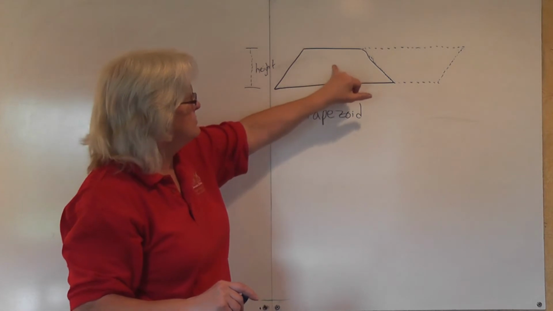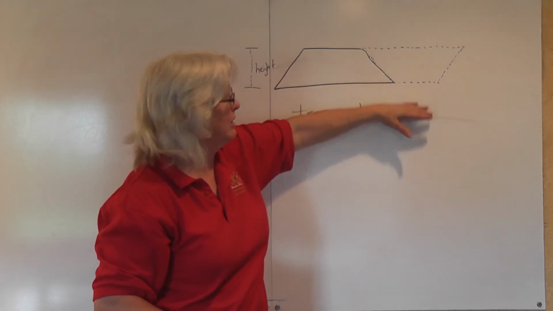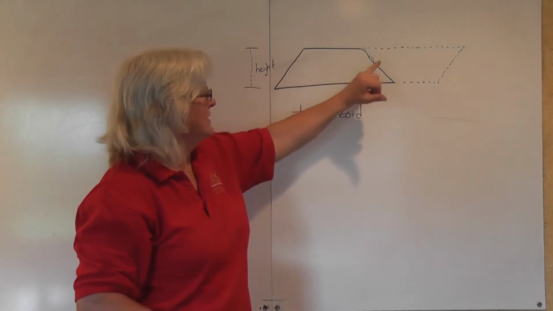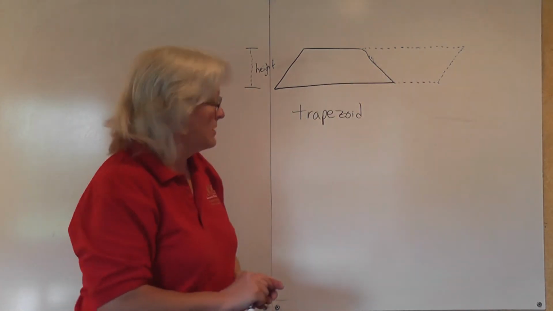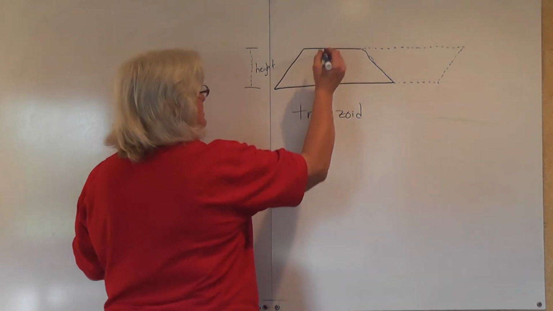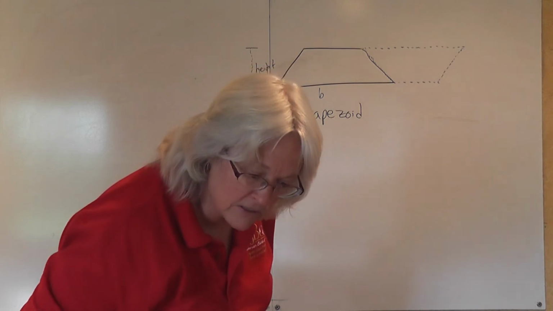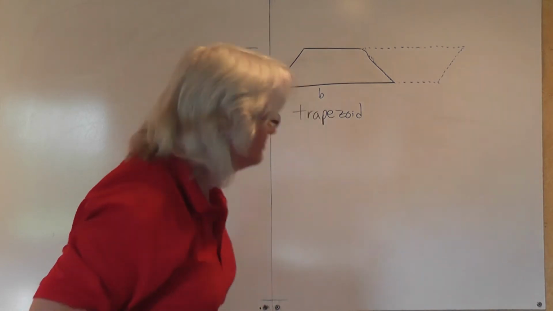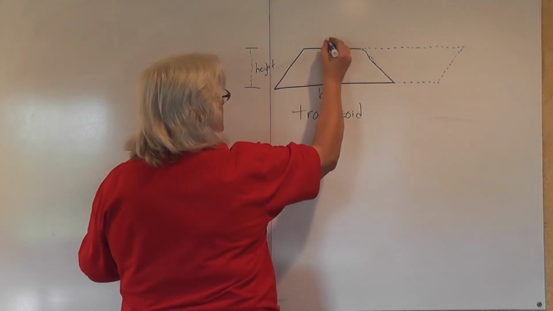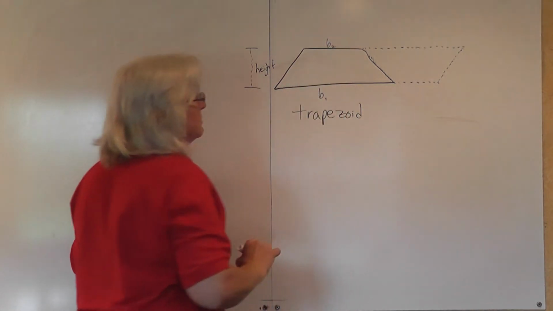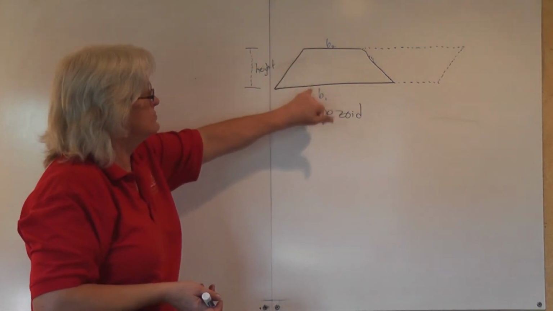You took this trapezoid block, turned it up, and made it a parallelogram. These are exactly the same size and shape. Let me label it base 1 and base 2 the way they do. This is base 1, this is the second base.